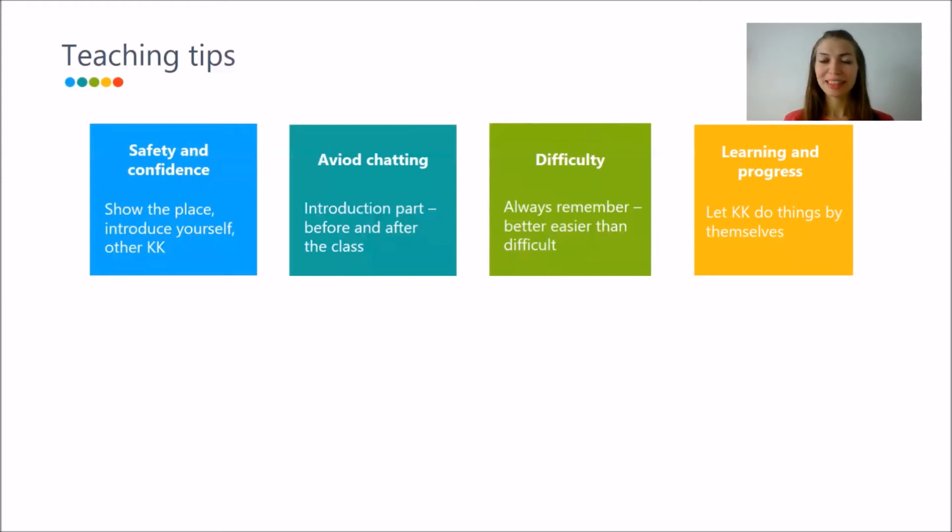Learning and progress. Yeah, this is an interesting part. Really, let kids do things by themselves, because in this situation they really learn and they try to do something new. So I can explain what exactly I mean by telling you about one of the situations.